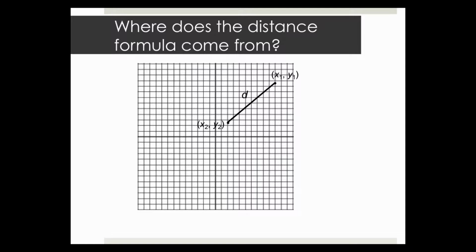So we want to find that distance d, right? Because that's what a distance formula does. It calculates the distance between two points on a coordinate plane. In order to do that, I need to know how long is that red segment. Now you might be saying to yourself, let's see, 1, 2, 3, 4, 5, 6, and then a little bit, so maybe 6.5 squares.